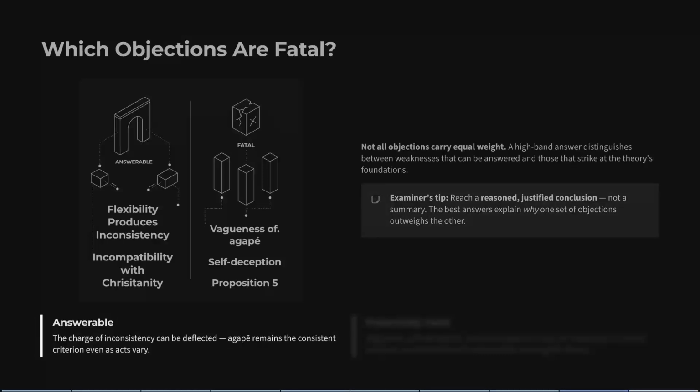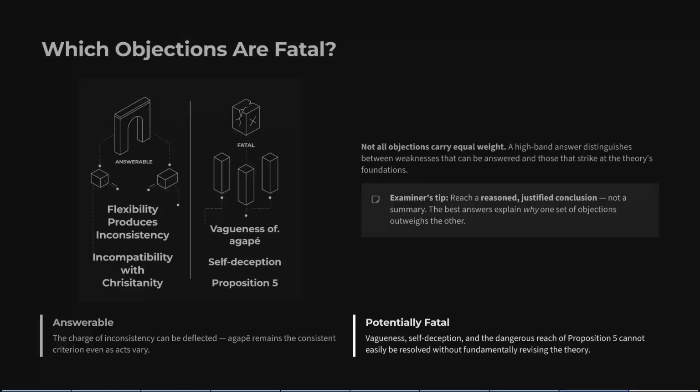The answerable weaknesses. The charge of inconsistency can be deflected. Agapē remains the consistent criterion throughout the theory, even as specific acts vary. The theory is not arbitrary, it is consistently directed toward love. And that is a genuine response, and you should acknowledge it.